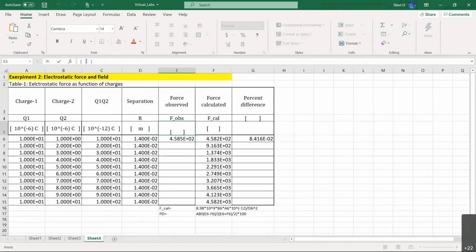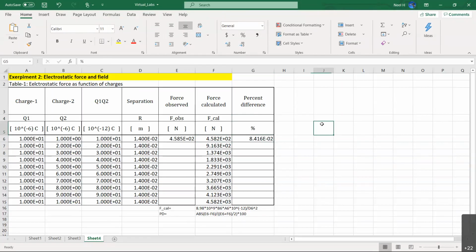Force should be in Newtons, and the force calculated also should be in Newtons. And for percentage difference, there's no particular unit, so you can put the percentage sign there to represent the percentage difference.